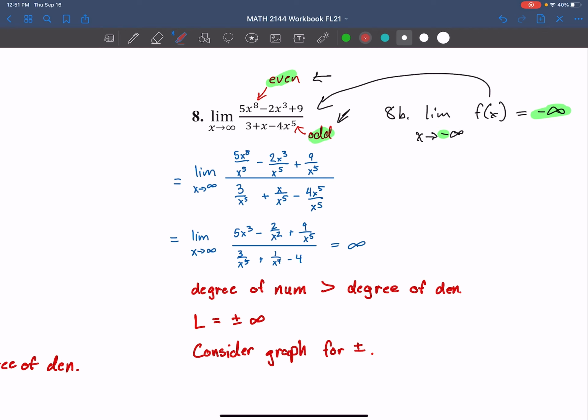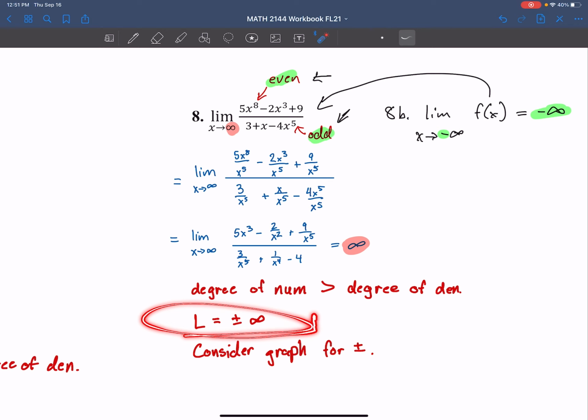But if you looked at this original one, the limit is positive infinity. Still, the growth of the numerator is going to be larger than the growth of the denominator. So it's not going to ever cancel or shrink, it's going to continue to grow, but do be careful with your signs.